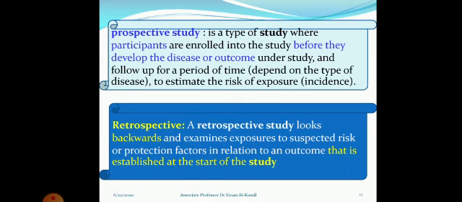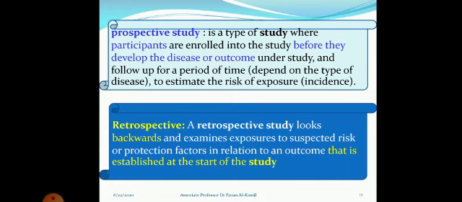So we are following a group of people who are exposed to a certain risk factor for a certain period of time, and then we wait for the development of the disease, and estimate how many individuals exposed to the risk factor will develop the disease.